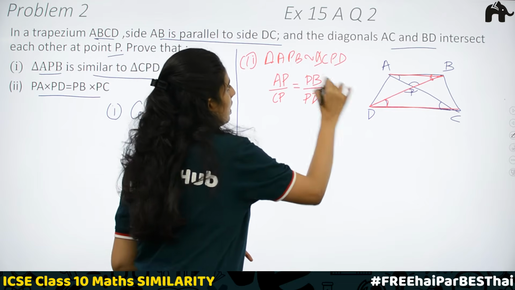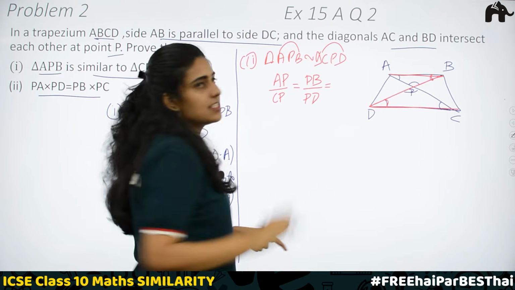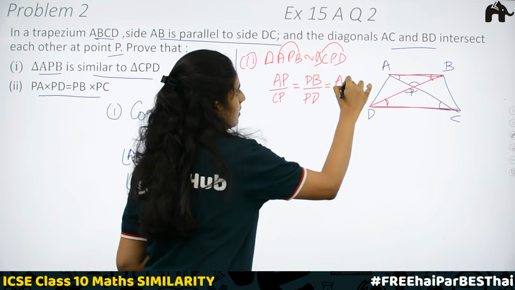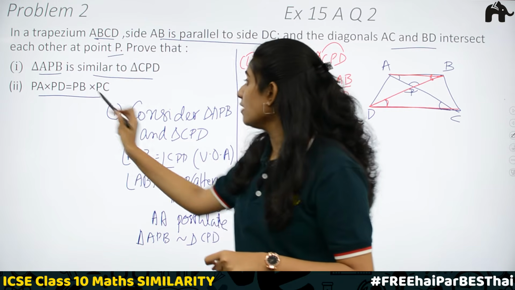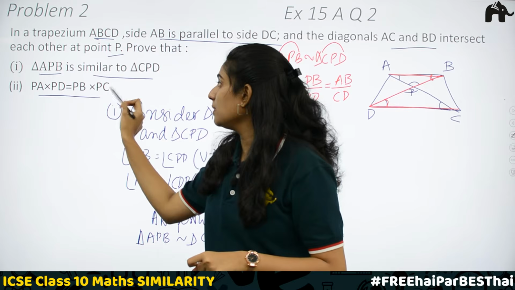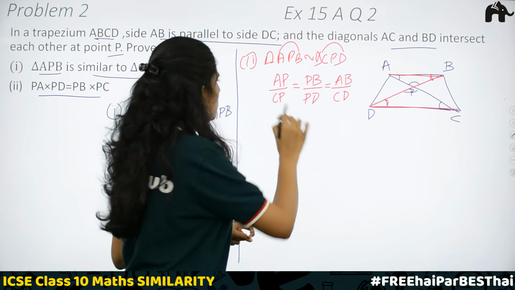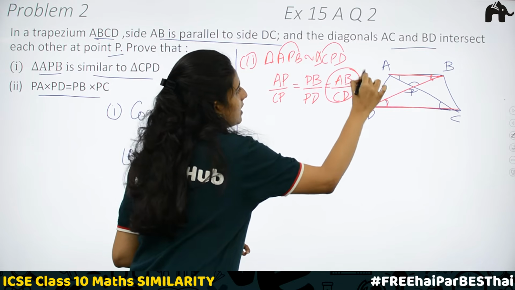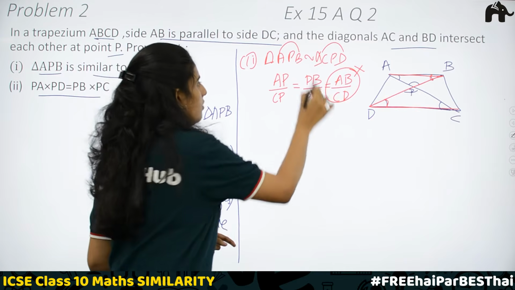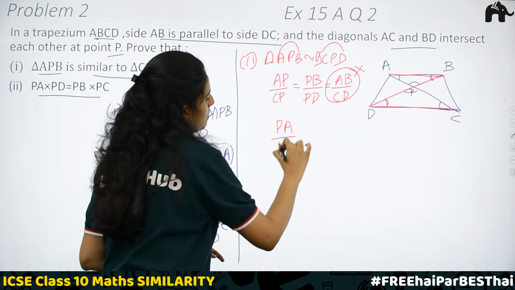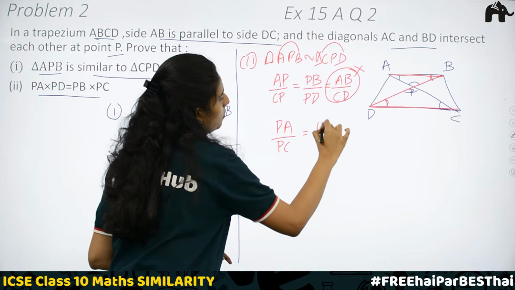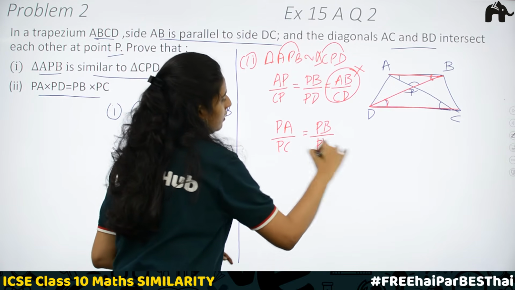One more, AB and CD. Here we have PA, PD, PB, PC. So, we actually can neglect this part. We don't need this. We only need this part. AP is PA, CP is PC and that is equal to PB by PD.